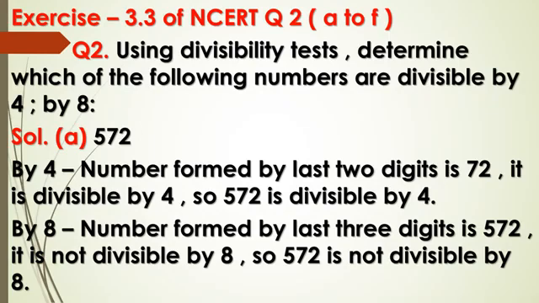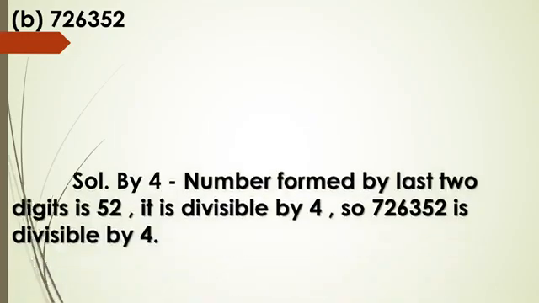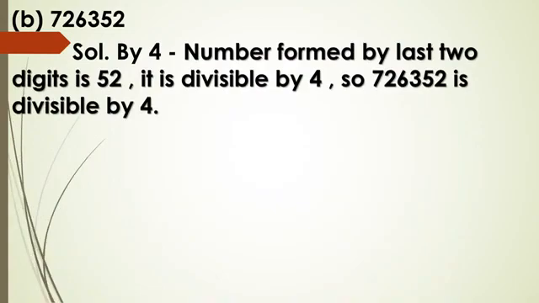Now see one more part I have done. In this I have taken a long number, 7,26,352. First of all, check by 4. The number formed by the last 2 digits is 52. Is 52 divisible by 4? Yes.